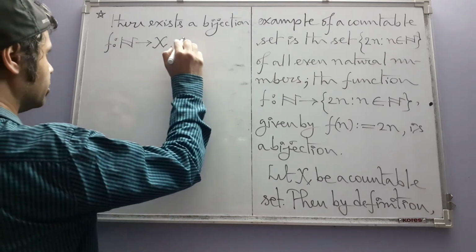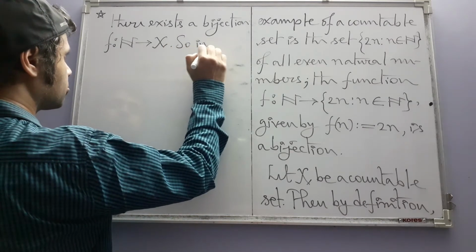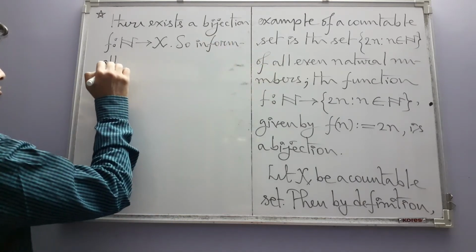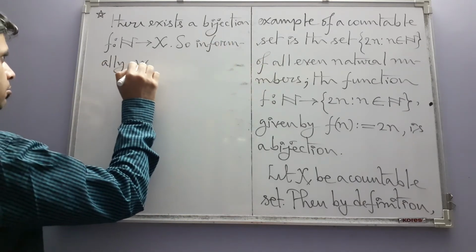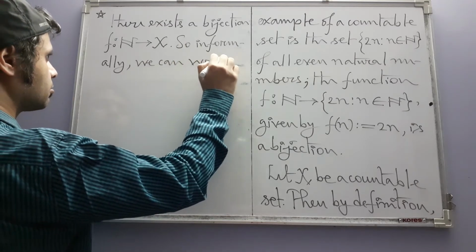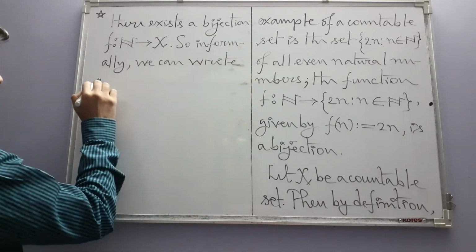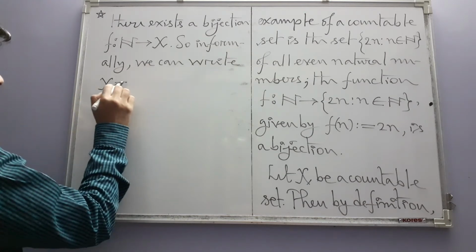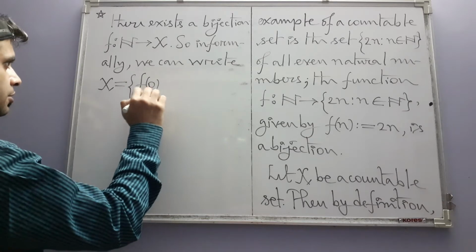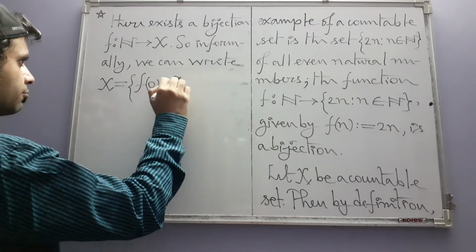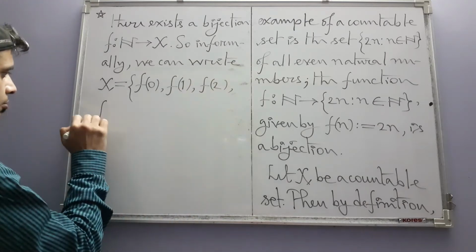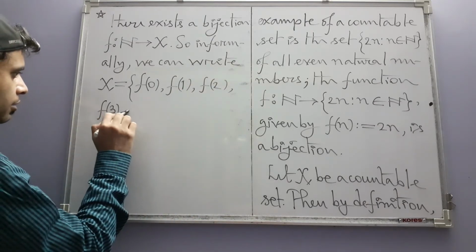So informally, we can write the set X itself like this: f of 0, f of 1, f of 2, f of 3, and so on.